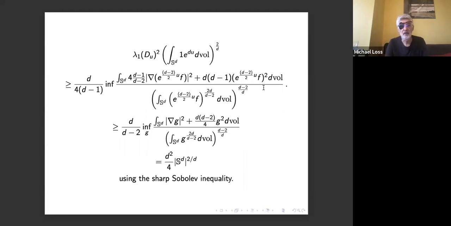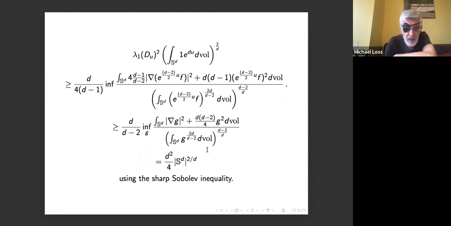I mean, it looks complicated. But the point is, if you choose, oh, I chose G, that's bad. But anyway, call this function e to the (d minus 2) over 2 u, f, call this G. Then you see that this whole mess turns out to be this expression. And this expression is well known to people who work on the Sobolev inequality, because when you pull the Sobolev inequality back onto the sphere, that's exactly the ratio for the Sobolev constant on the sphere.